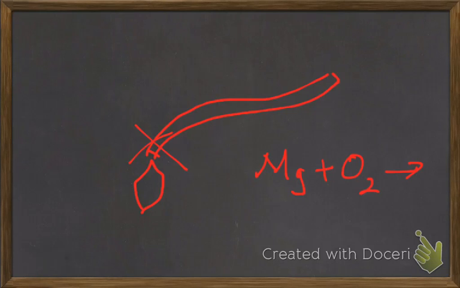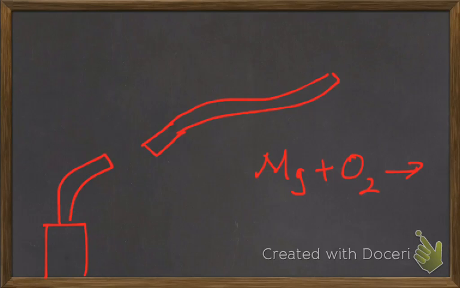So what was necessary is that we apply enough energy to activate that reaction. So I got my torch out. Here's my torch. This has a flame that's really hot. So when I lit the magnesium ribbon with the torch, I gave it enough activation energy that I was able to activate the reaction.